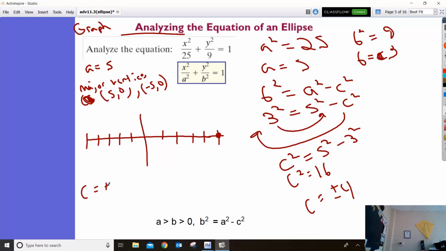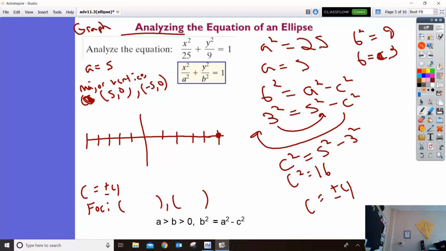C is plus or minus 4. That gives you 2 focuses. Where are your 2 foci? 4, 0 and negative 4, 0.